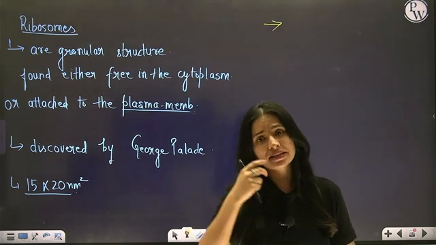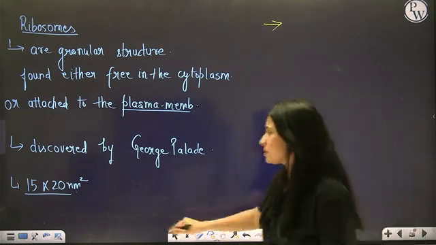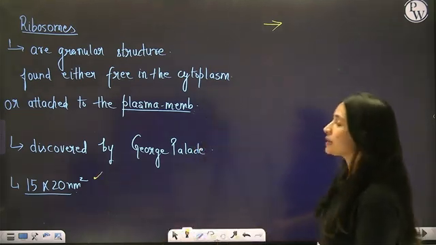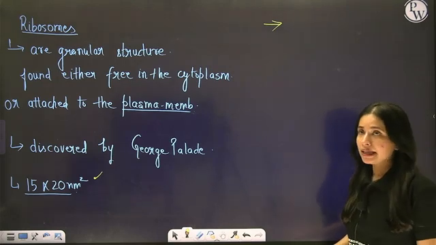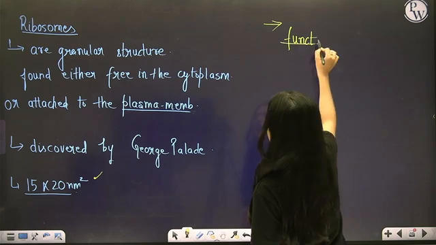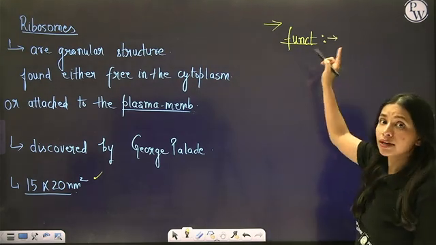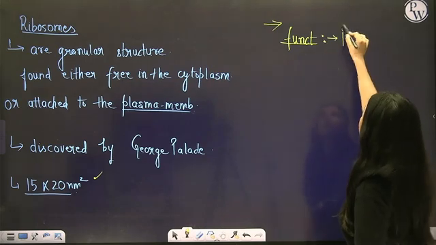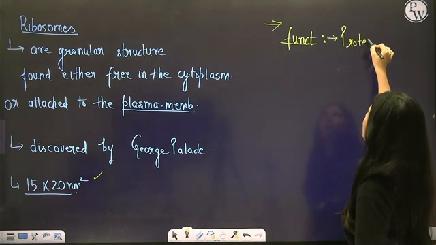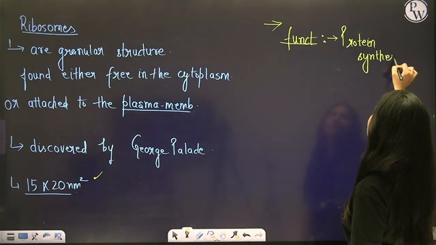You know, they were discovered by George Palade and their average size is approximately 15 into 20 nanometers square. Now, when I talk about the function of ribosome beta, then their main function is helping in protein synthesis.